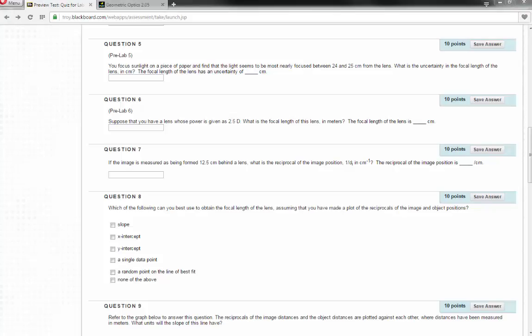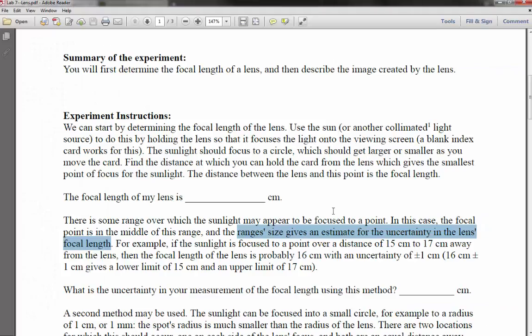Since you have 24 and 25 as the extent of the range, we can go back to the instructions, and the range's size gives an estimate for the uncertainty of focal length. For example, if the sunlight is focused to a point over a distance of 15 to 17 centimeters, then the focal length of the lens is probably 16 centimeters with an uncertainty of 1 centimeter.